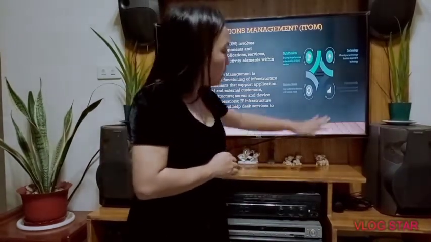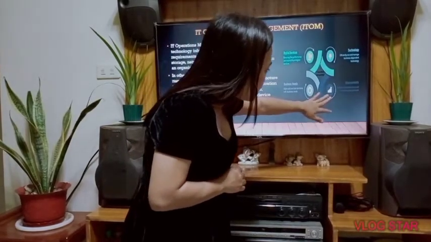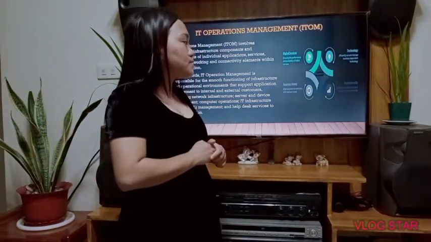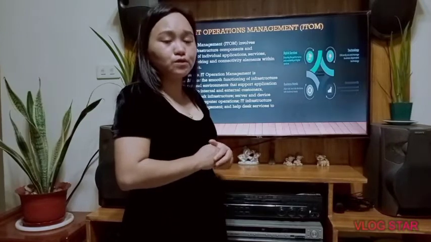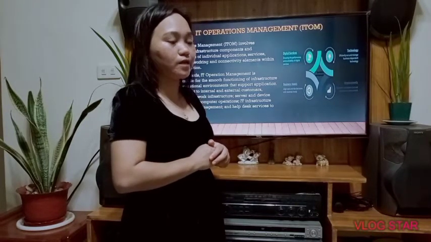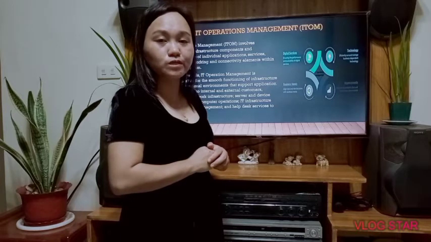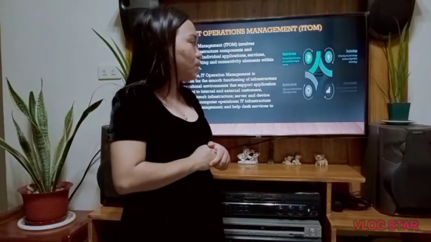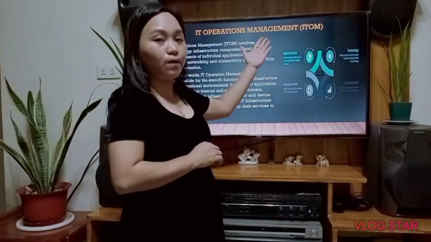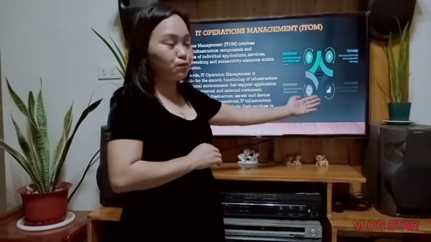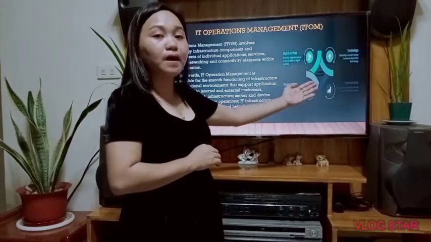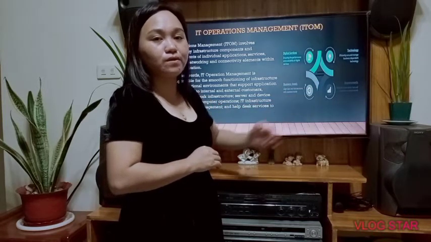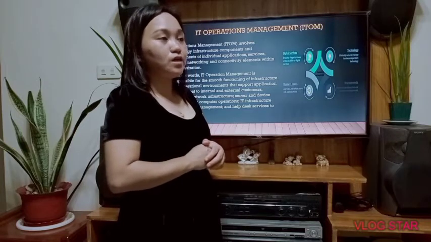Now we have here improvements. This responds to problems fast and recommends empowerment. So since we are talking about information technology, businesses like this more likely also have problems or dilemmas, or disasters that might be encountered by organizations. So part of ITOM is to improve whatever problems might occur or might be faced by the organization or by the business or by the operation.